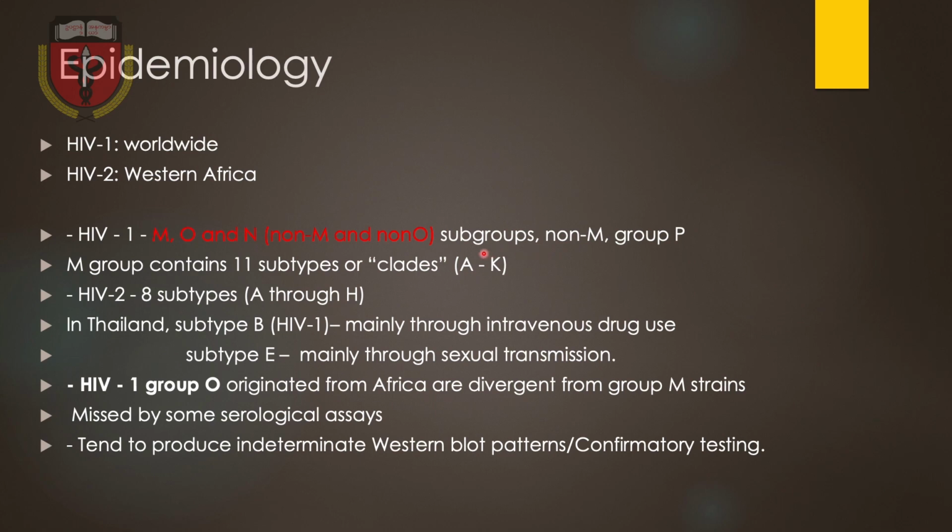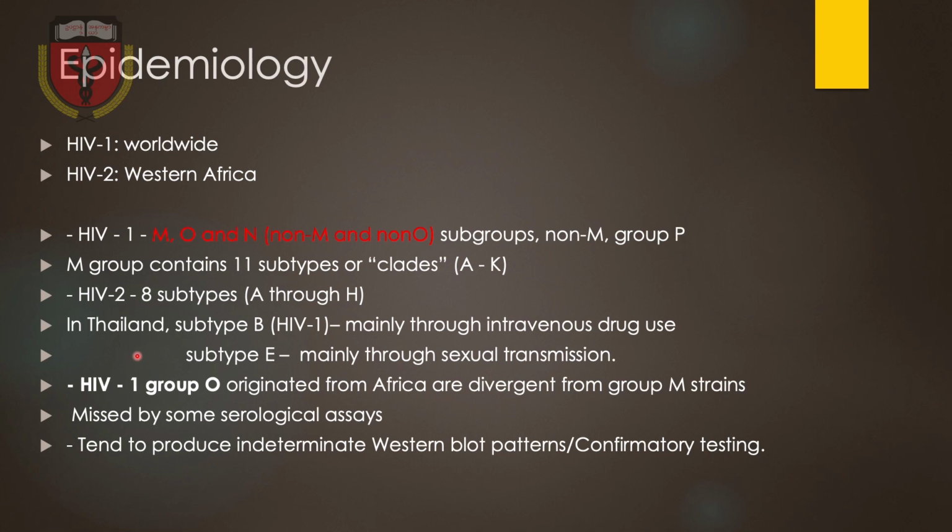N is non-M and non-O. And then there are also other subgroups like group P. And the M group has 11 subtypes. So you just keep subclassifying HIV-1, but basically they are all HIV-1. And then HIV-2 has 8 subtypes, A through H.